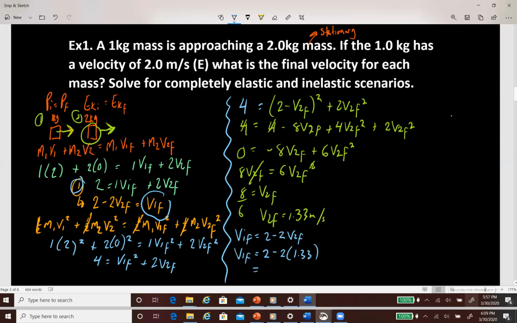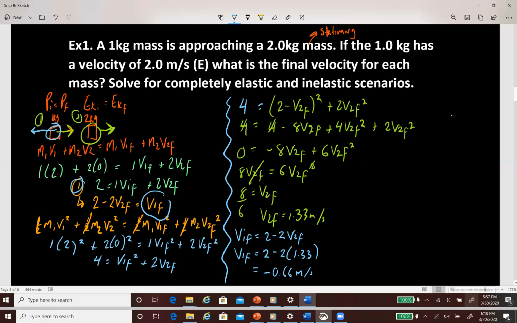That's going to give us an answer of minus 0.66 meters per second. So it's saying after the collision, object 1 is actually going this way, which is reasonable. Makes sense.